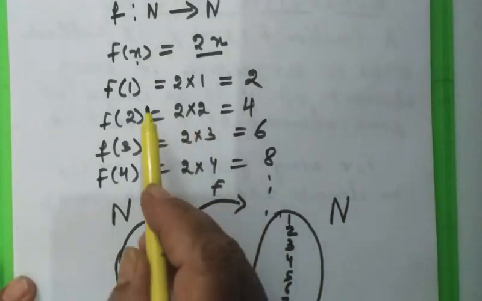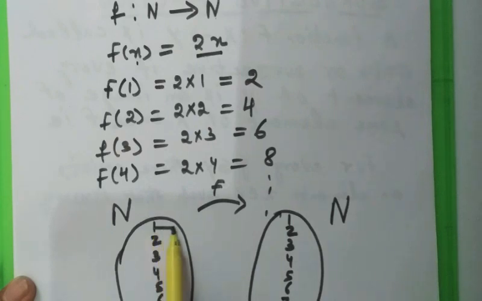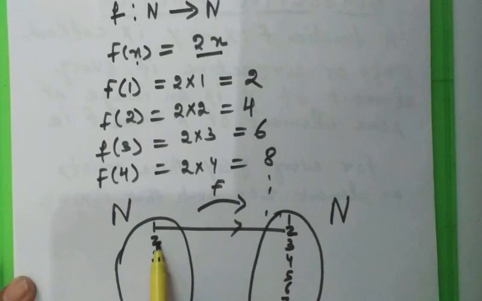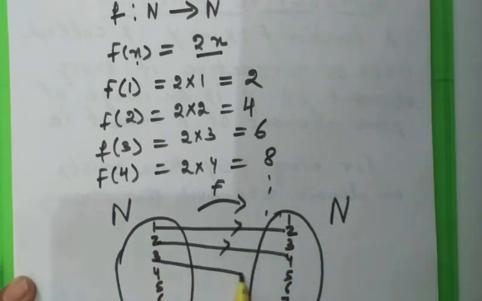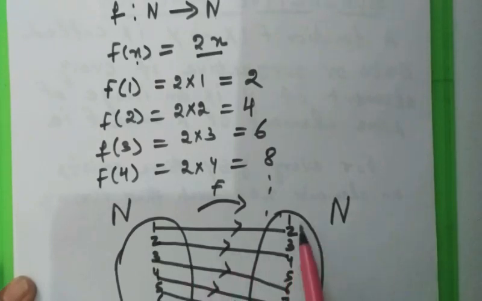What f is doing is, f is applied on 1 and gives you 2. f is applied on 2 and gives you 4, applied on 3 and gives you 6, applied on 4 and gives you 8, applied on 5 and will give you 10, and so on. Please observe it very carefully.